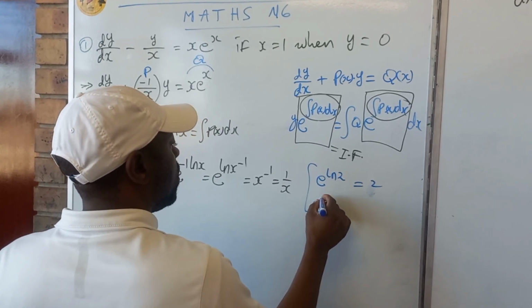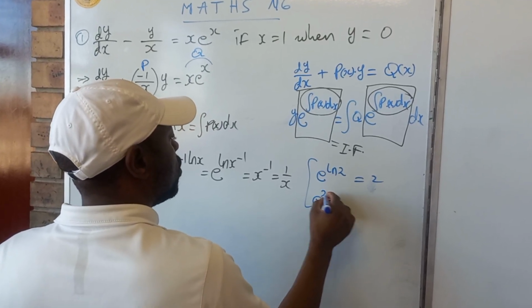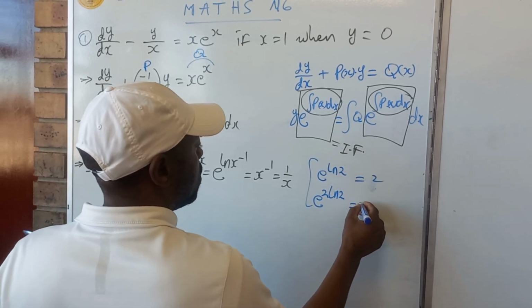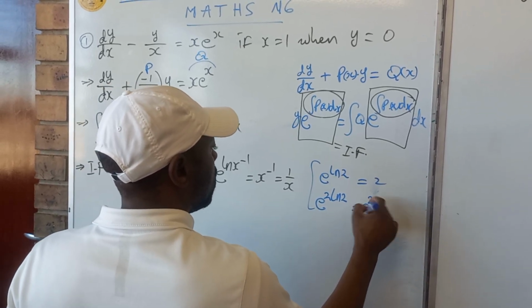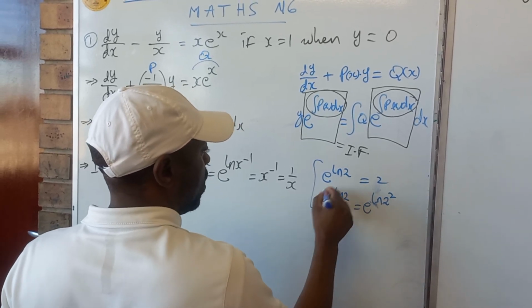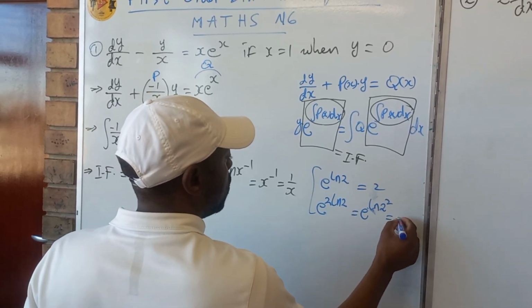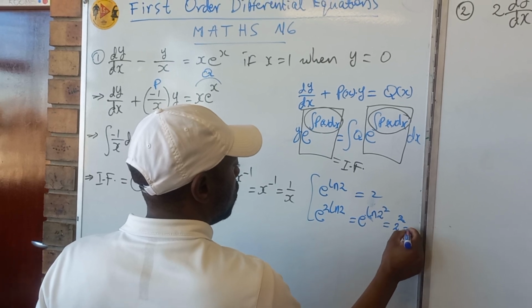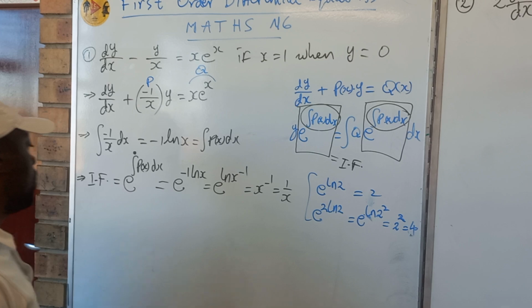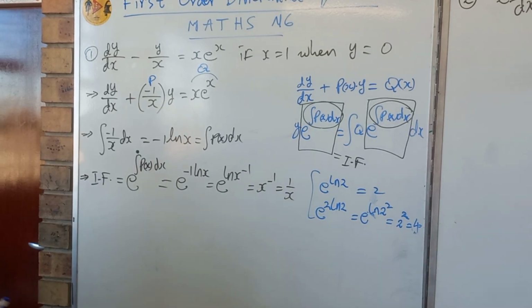But if you get e to the power 2 the ln of 2, then this will be e to the power the ln of 2 squared, because you have to apply a law of log there, and this will give you 2 to the power 2, which is 4. So those are basic laws of exponent and logarithms that we expect Math 6 students to know.